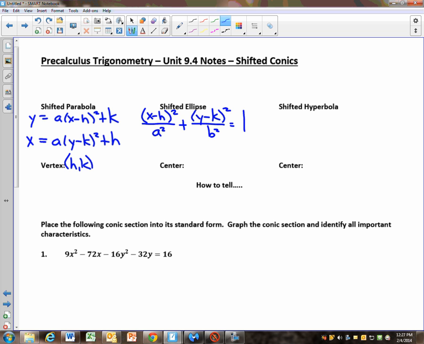The a is under the y. So x minus h quantity squared over b squared plus y minus k quantity squared over a squared equals 1, centered at h, k. So if you need to make a note to yourself that for ellipses, a is the larger value, then do that.